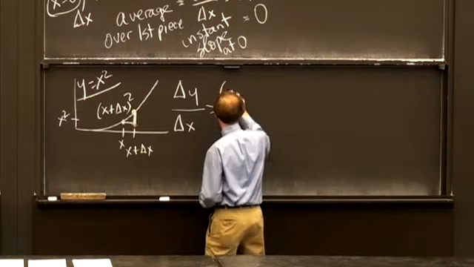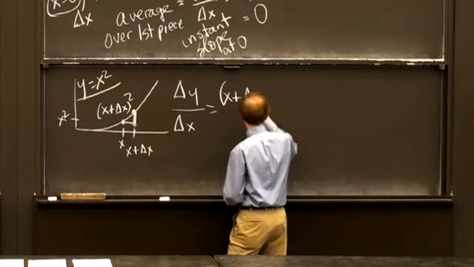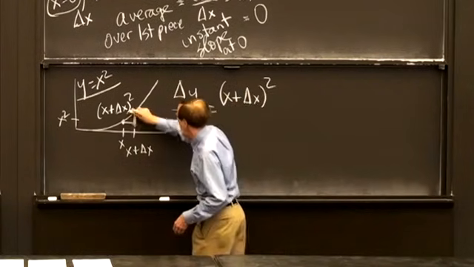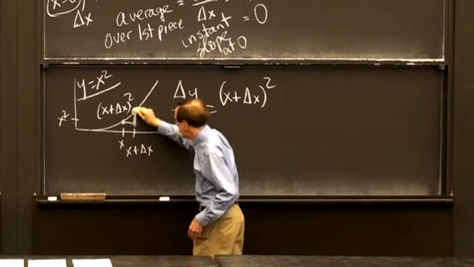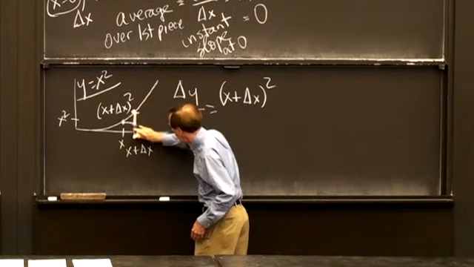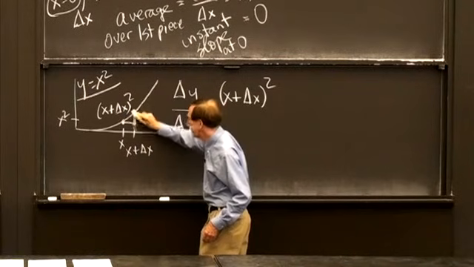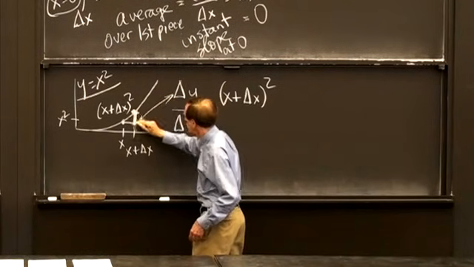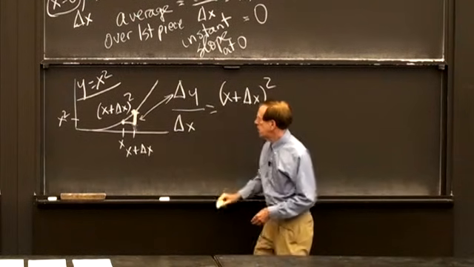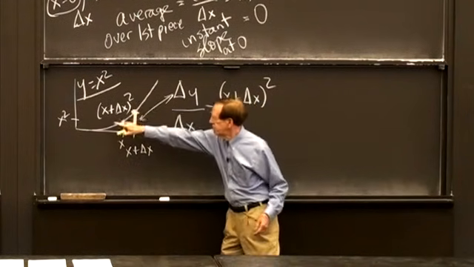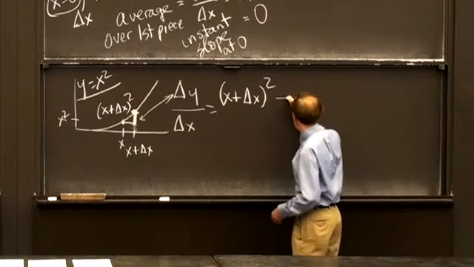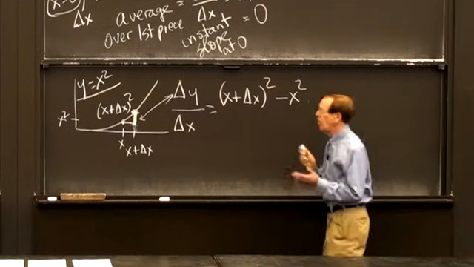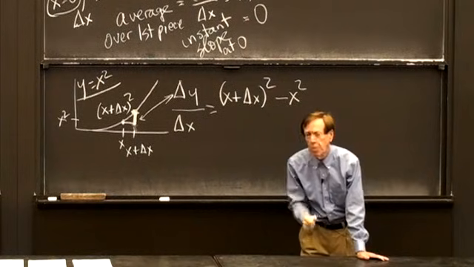It's x plus delta x squared. That's this height minus this height. I'm not counting this bit, of course. That's the delta y, this piece. So it's up to this, subtract x squared. That's delta y. That's important.